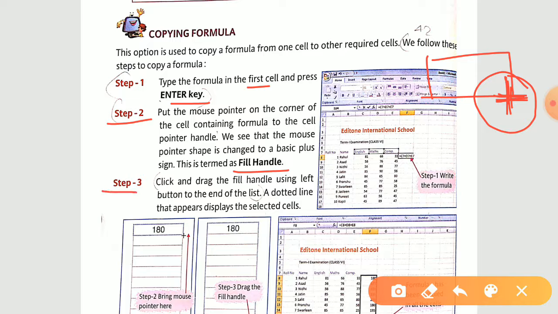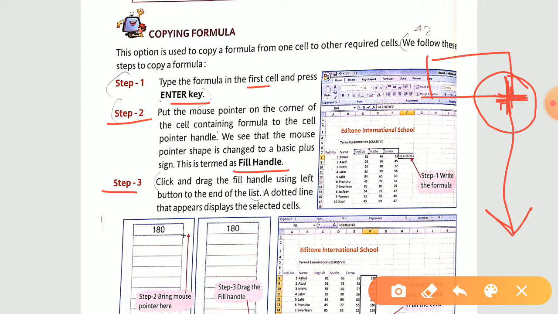Now step number 3 is what? Click and drag the fill handle using the left button to the end of the list. Now you have to click this with the help of your mouse and drag it downwards up to where you want to copy the formula. Okay, you will drag it until you want to copy the formula, and when you are done with the limit then you can leave it.